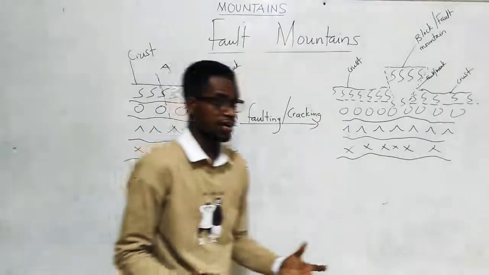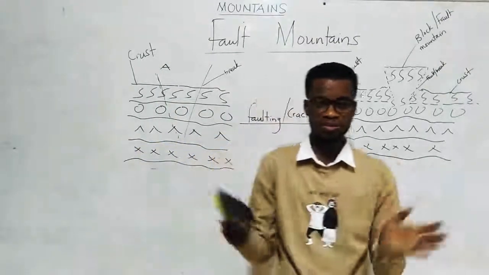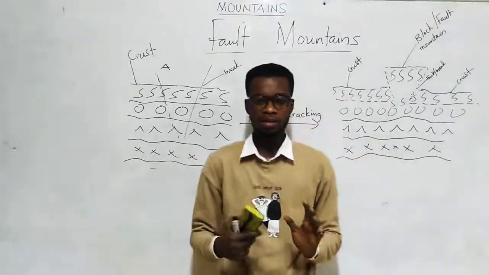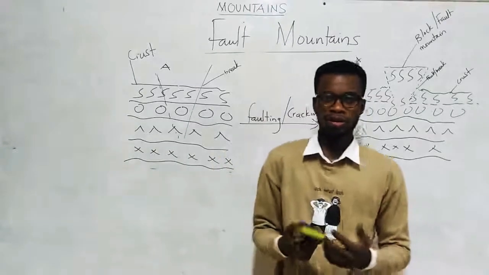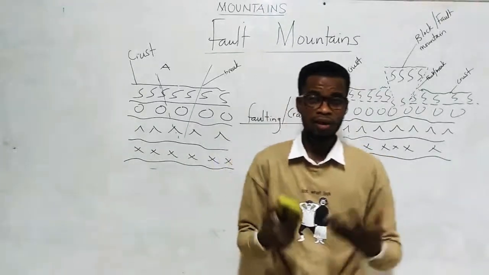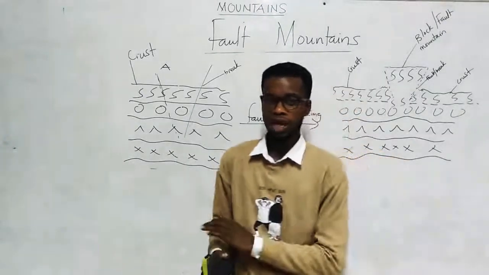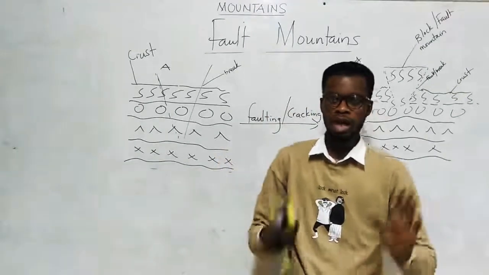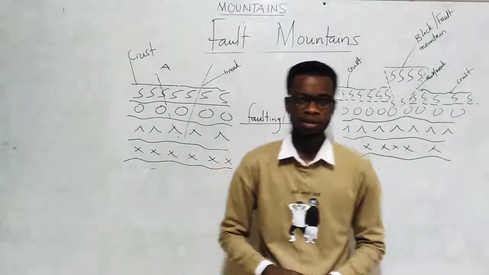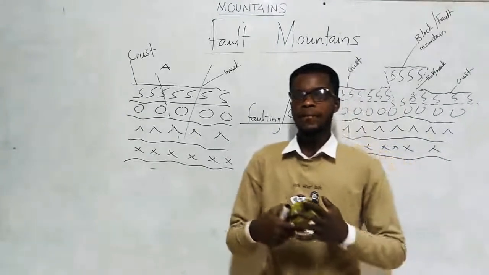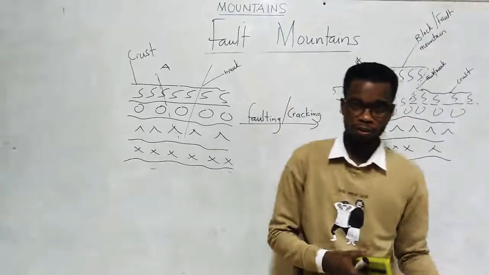I believe these diagrams have been helpful, and this simple illustration has taught you a lot. You can now explain to people out there how fault mountains occur. We've looked at volcanic, we've seen the fold, and we've seen the fault ones. When it comes to the rest, like plateau and the dome, I was trying to explain.